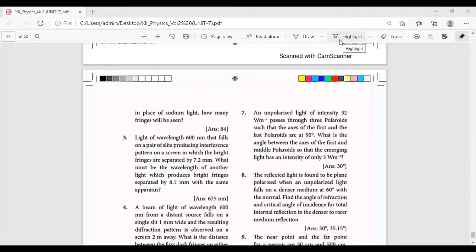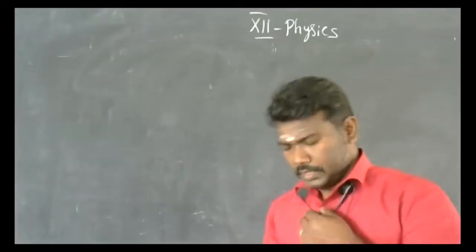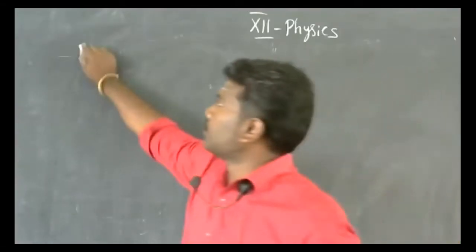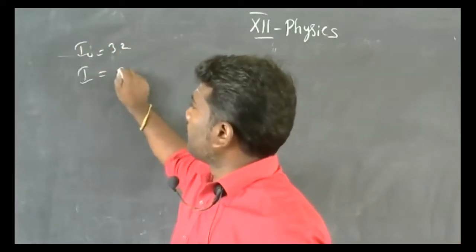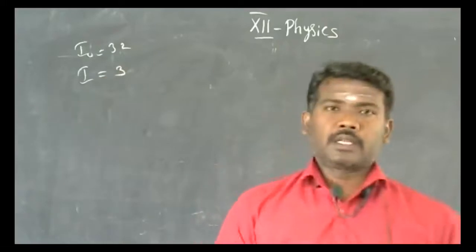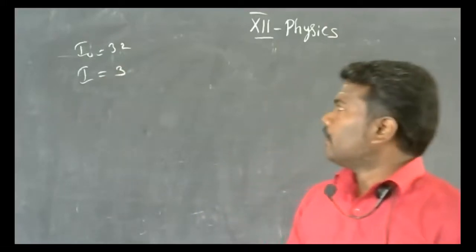What is the angle between the axis of first and middle polaroid so that the emerging light has an intensity of only 3 watt meter power minus 2? So the intensity of the incident light in this case I naught is equal to 32 and the final intensity value 3 watt meter power minus 2.